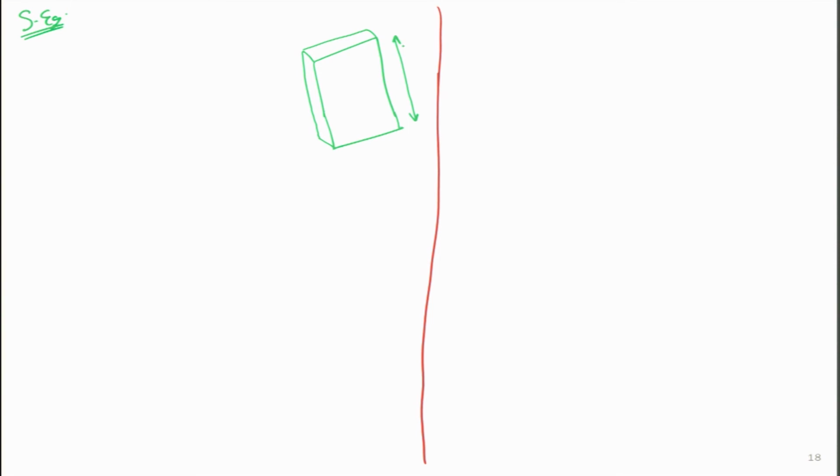Let me pick some dimensions. This is the length of this particular notebook, this is the width, and this small dimension over here is the thickness, which I will refer to as 2L. I am going to assume that the width is twice the length. This is just one simple way of writing it over here.